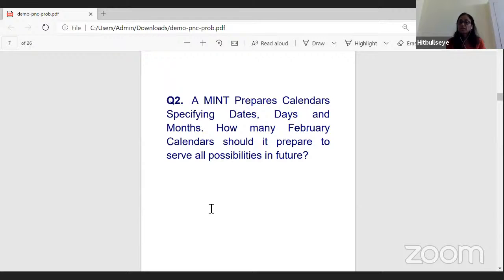So focus on the fact that what is so special about the month February. That's very important for you to understand in this question. What is so important about the month of February? Focus on that.